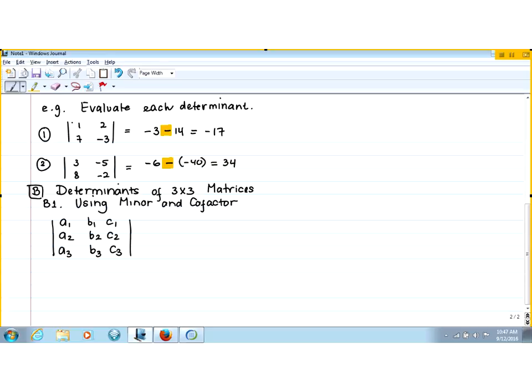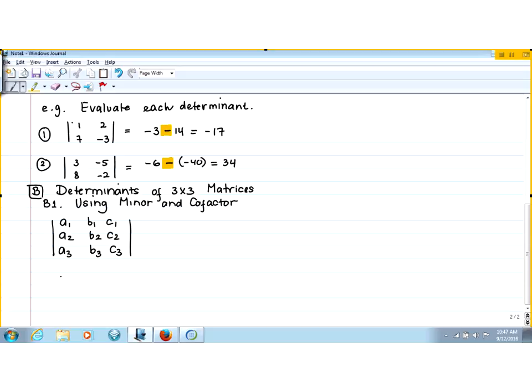Okay. So anyway, I'm going to use the first row expansion here. And related to this matrix there is a checkerboard sign.